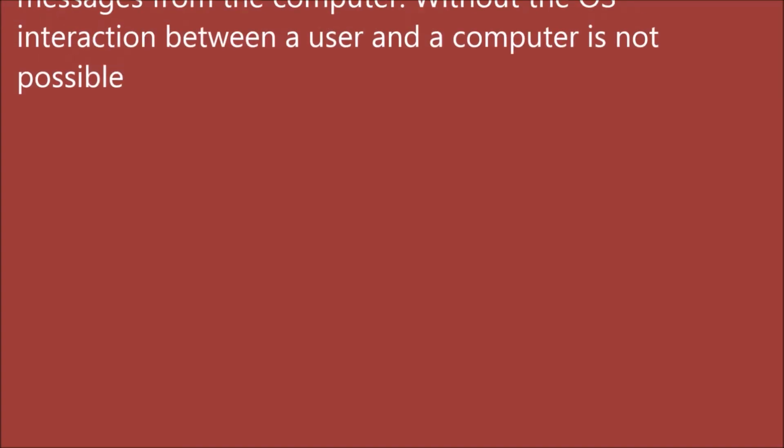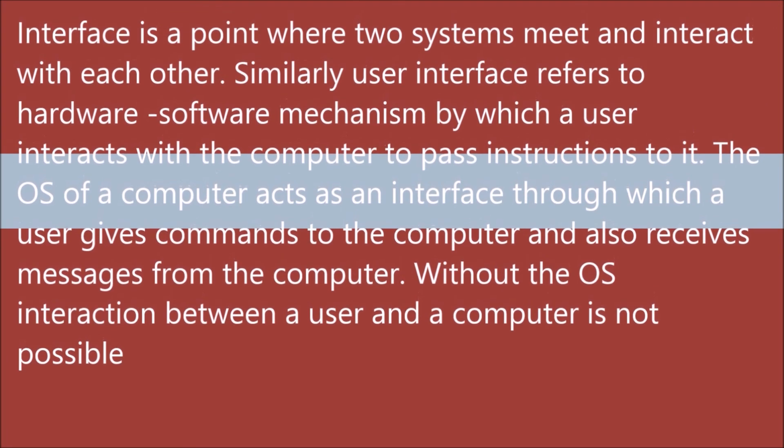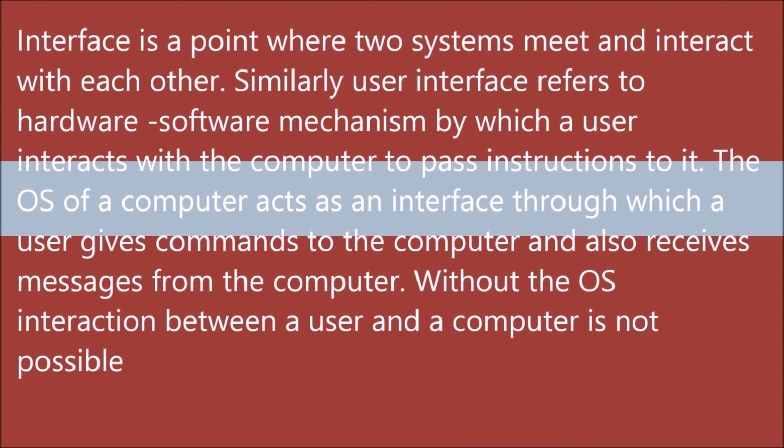What is an interface? An interface is a point where two systems meet and interact with each other. Similarly, user interface refers to the hardware-software mechanism by which a user interacts with the computer to pass instructions to it.